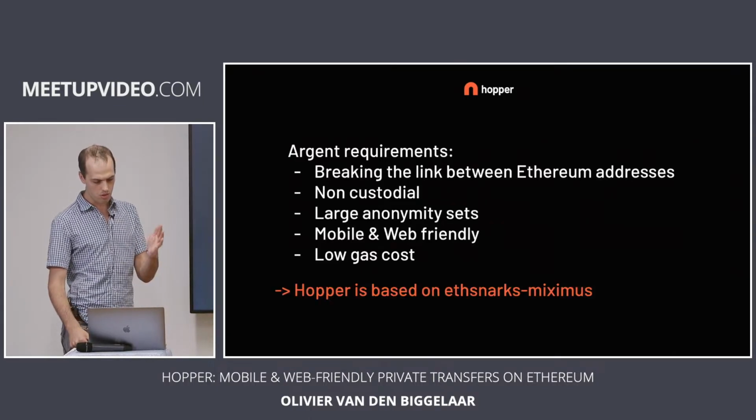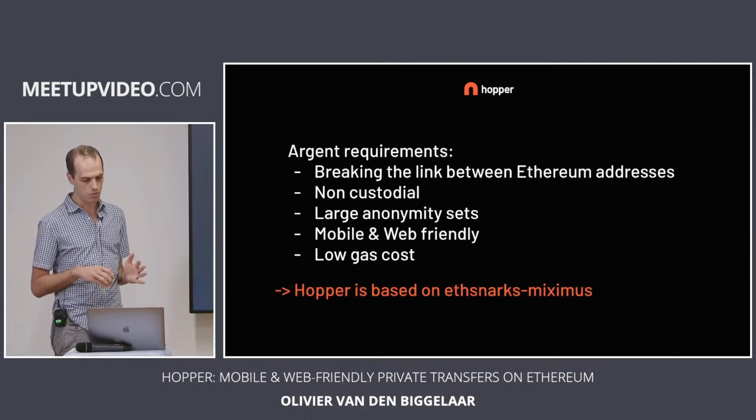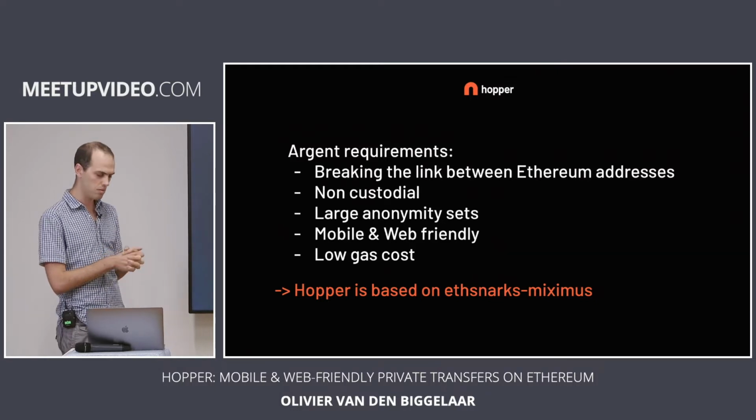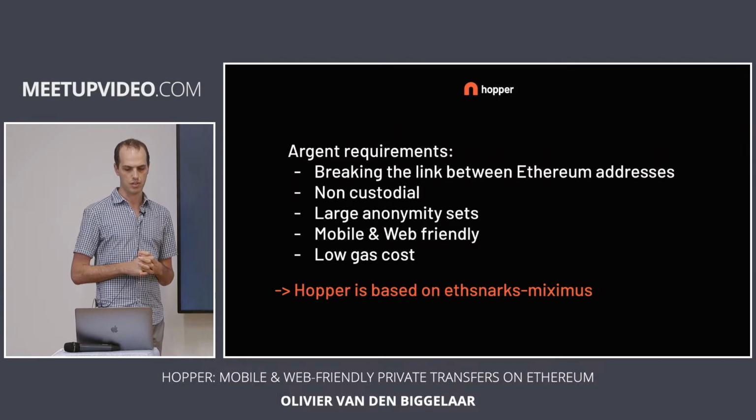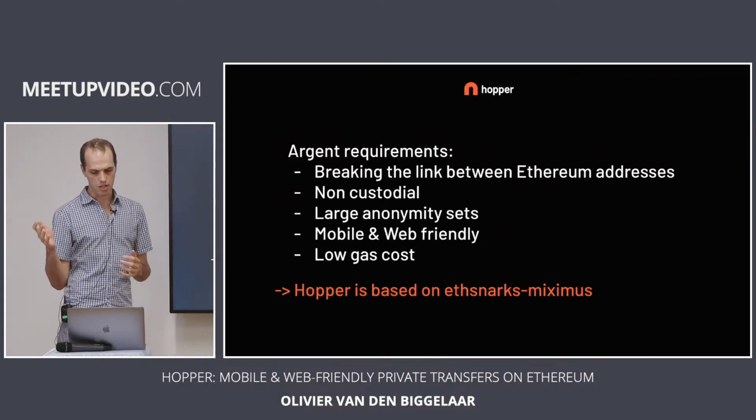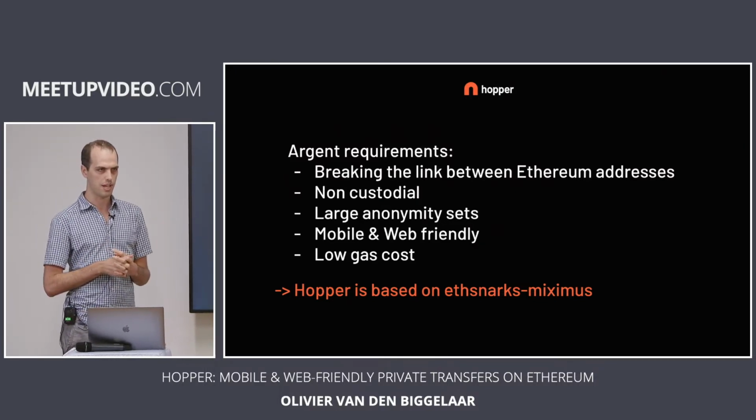Looking at all these criteria, we found that Miximus was the best base for us, so we based Hopper on that, and in particular on zkSNARK's Miximus, which was made by Harry, who is somewhere there, I believe.